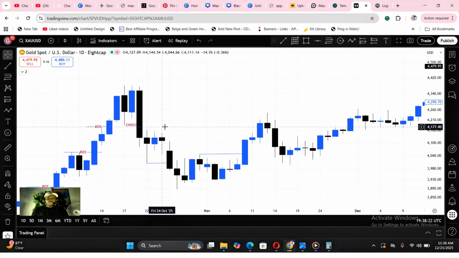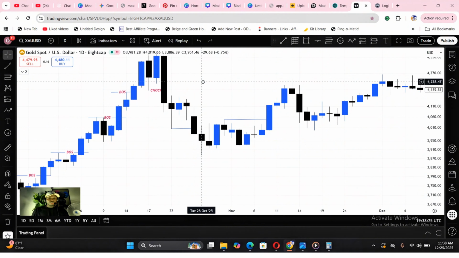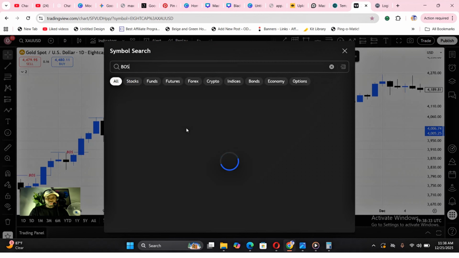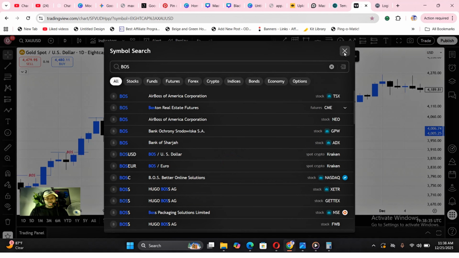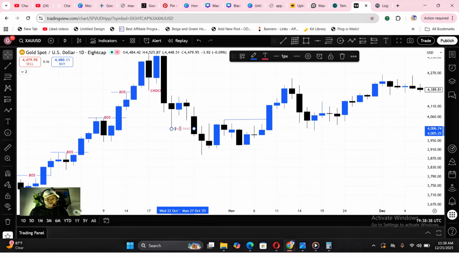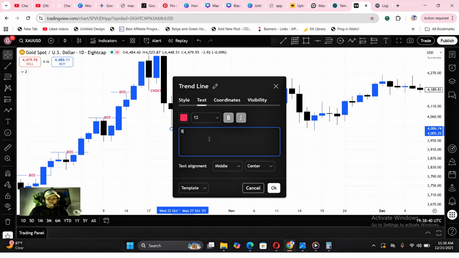So we had this change of character here. This is where we have the change of character. Then we start having a break of structure to the downside. Sorry, we start having this break of structure to the downside. BoS.